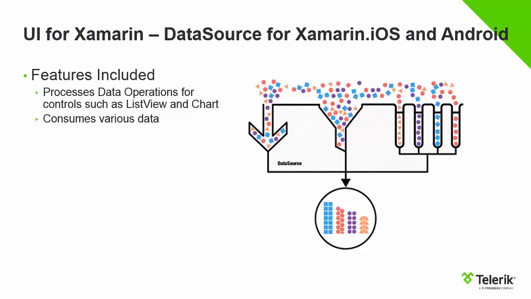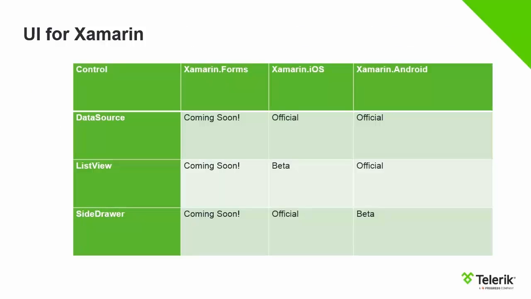The Xamarin.iOS data source can consume various data, from arrays with simple items and business objects to dictionaries coming from various sources, such as web services that return data in a JSON format. You can assign several data controls to a single data source instance, allowing the selected items of the data controls to be synchronized.